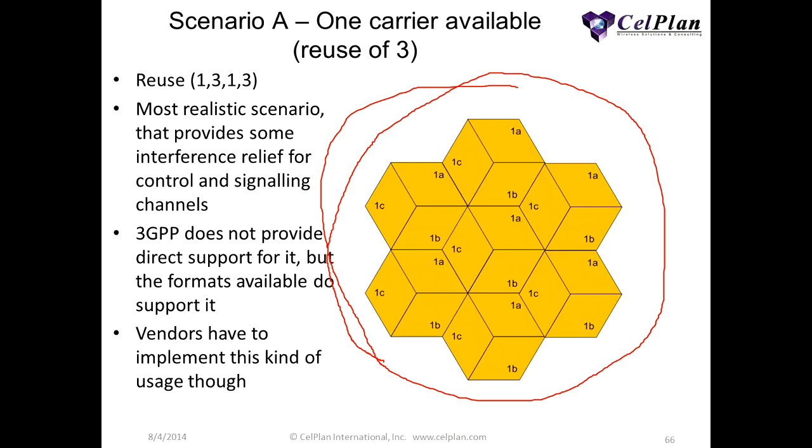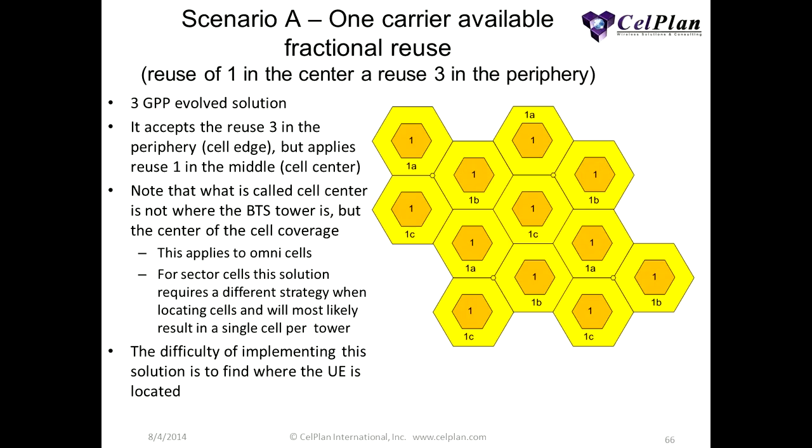You will see later on that our simulations show that for uniform traffic distribution, reuse of 1 and reuse of 3 provide very similar results, with reuse of 3 providing faster data throughputs, but the tonnage is very similar. For regular traffic distribution, it is even slightly better for reuse of 1.